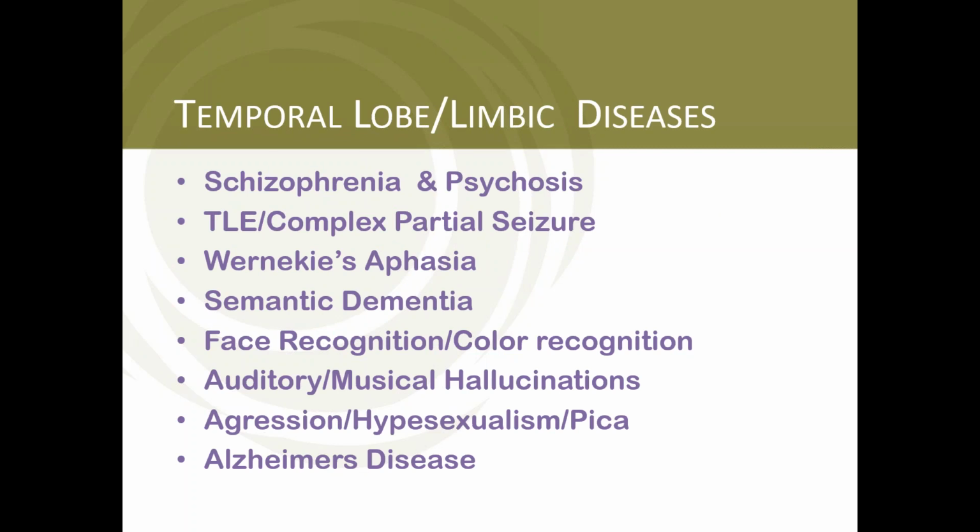Limbic is that temporal limbic system where you have hallucinations and delusions. So this is the part of the brain that controls perception. So hallucination, delusion, abnormal perceptual impulse is a dysfunction of this part of the brain. And then temporal lobe epilepsy or complex partial epilepsy is also a dysfunction. Wernicke's aphasia is also there, that is comprehension, inability to comprehend.